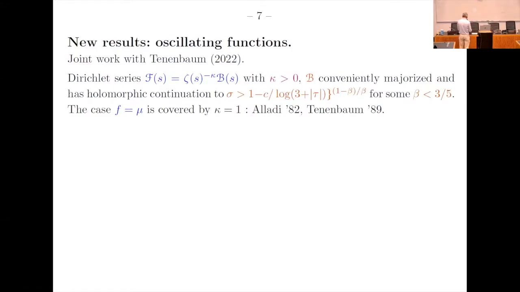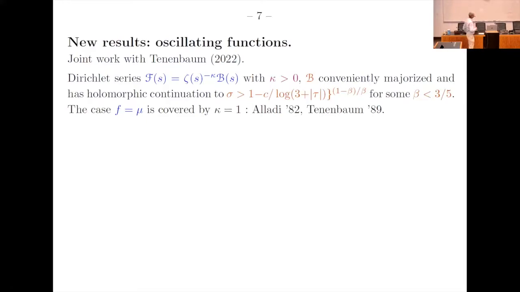Okay, so now I will speak of our new result. So now I will take a Dirichlet series of a function, and the function will be close to tau index minus kappa, with kappa positive. If you want an example, you take kappa equal 1, and you have the Mobius function.